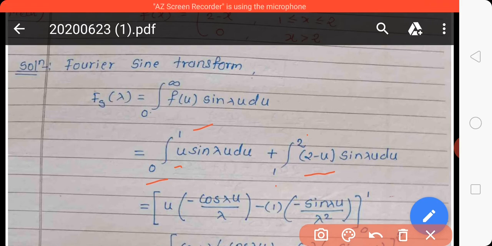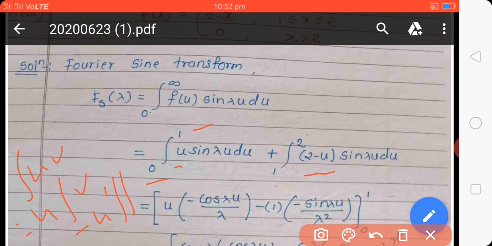Now we find the value of the integration by using the same integration by parts formula, that is, the integral of uv is equal to u into the integral of v minus the derivative of u into the double integral of v. Here first we take u as constant into the integration of sine lambda u, which is minus cos lambda u upon lambda.